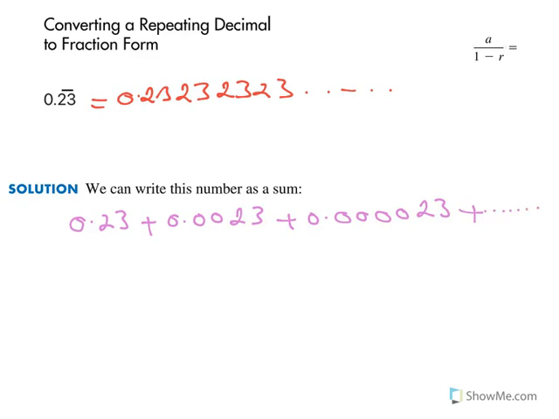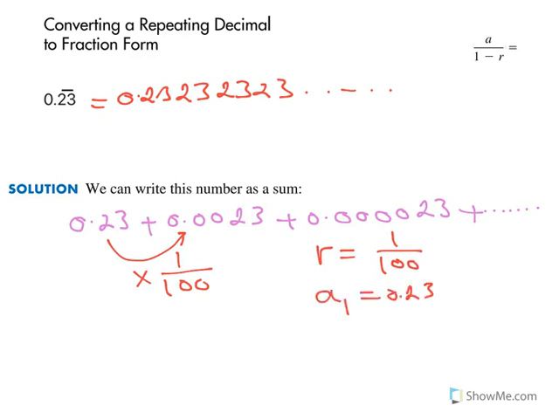That means I'm just multiplying every time by 1 over 100, and that basically is a geometric series with r equal to 1 over 100. So r is equal to 1 over 100. A1, the first term, is 0.23, which can be written as 23 over 100.